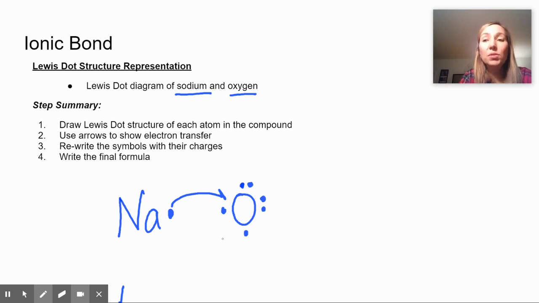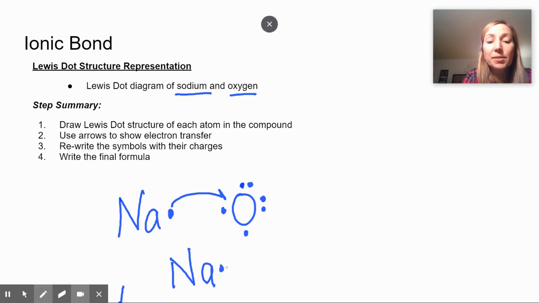We only have sodium and oxygen to work with in this problem, so we have to add another sodium atom. So what we'll do is draw in another sodium atom, and we'll depict it giving up its valence electron to this other spot on oxygen that needs to gain an electron.